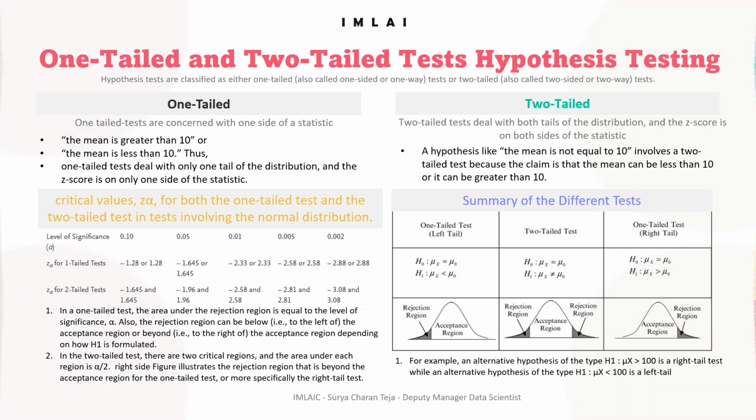An alternate hypothesis of the type HA: mu x greater than 100 is a right tail test, while an alternate hypothesis of the type HA: mu x less than 100 is a left tail test.